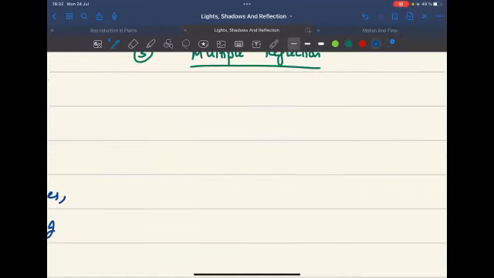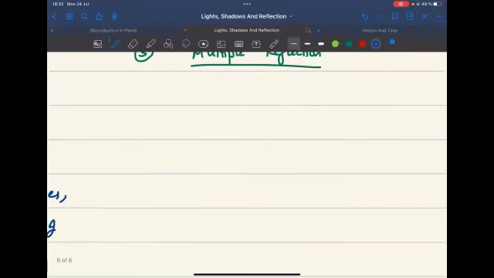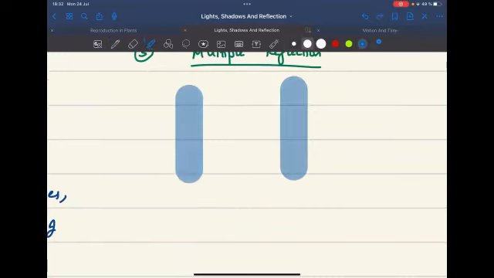Yes. So in this case you will have two reflective surfaces. This is the light source, for example, and the light is entering from here. Look carefully, this is the incident light. This incident light is reflecting here again.